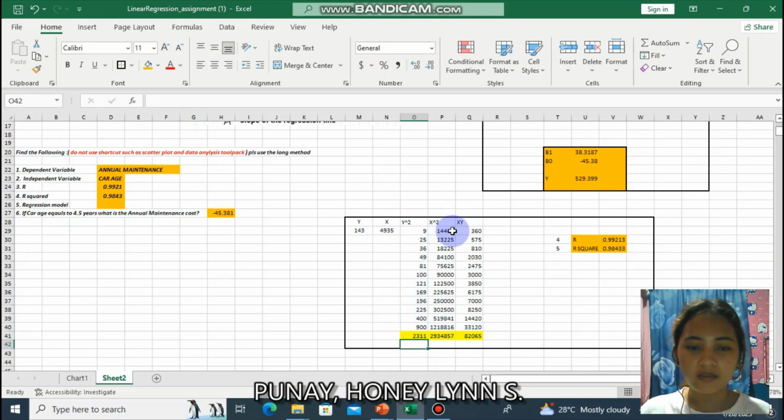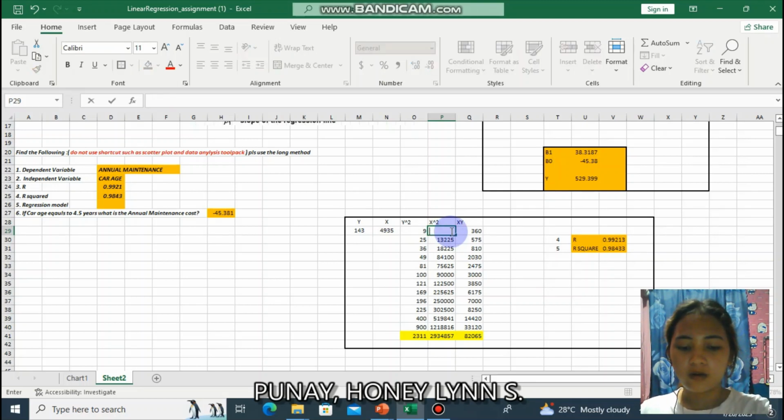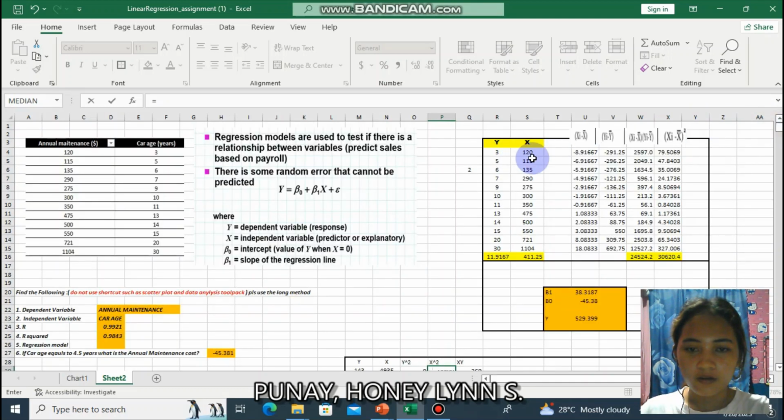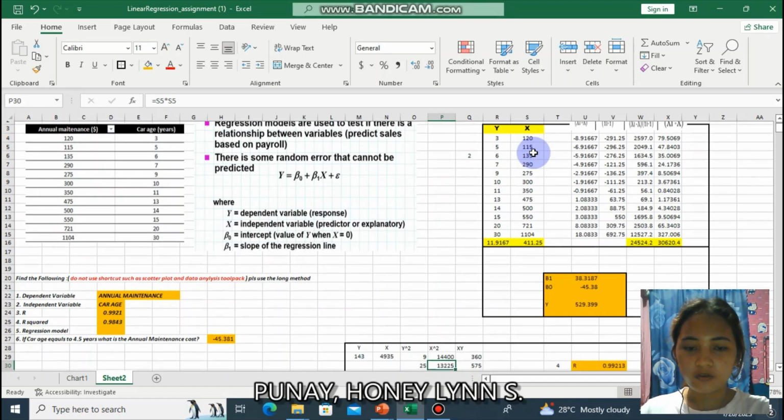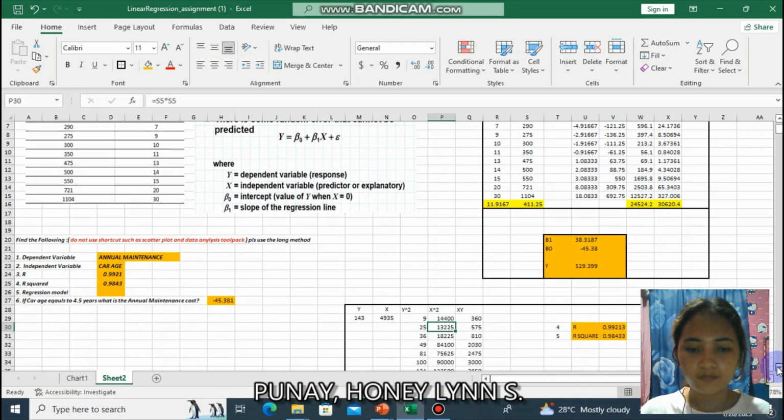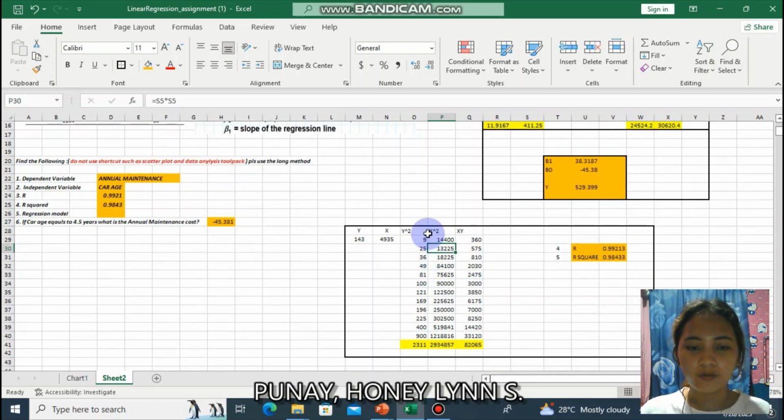On this side, just like in y squared, equals the value of x times itself, then enter. The formulation is also just repeated to get this value, and in the end get the summation, which is equals sum, then all the values, then enter.